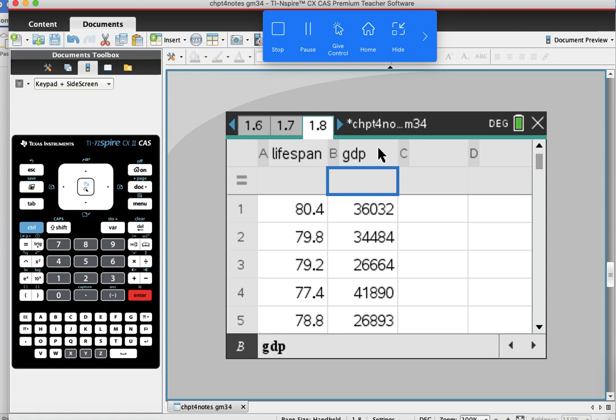It says write an equation in terms of variables, lifespan and that. It did say GDP is the EV, so you did get told this one is EV. So they want me to do a log transformation on the X, which would be the GDP.